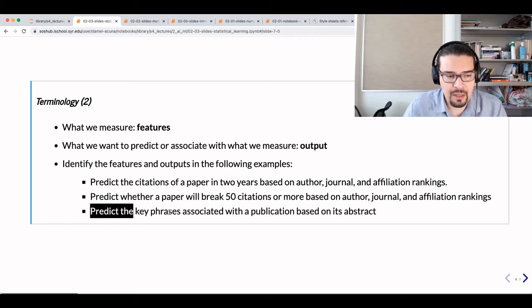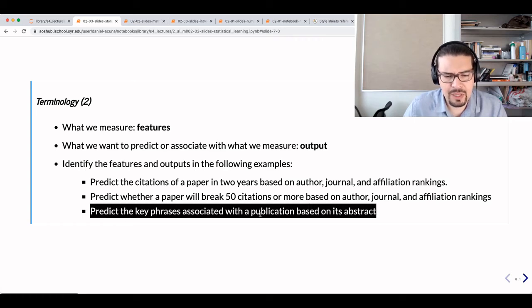Sometimes you have other more seemingly impossible tasks, such as, let's say, predicting the key phrases associated with the publications based on an abstract of a publication. So this is a little bit more complicated in the sense that, let's say you have an abstract, a paper from PubMed, and in PubMed, each paper has associated generally a set of terms, and they're called MeSH terms.